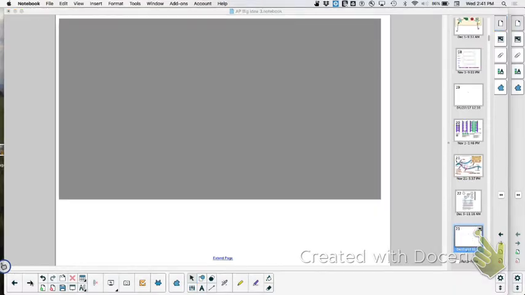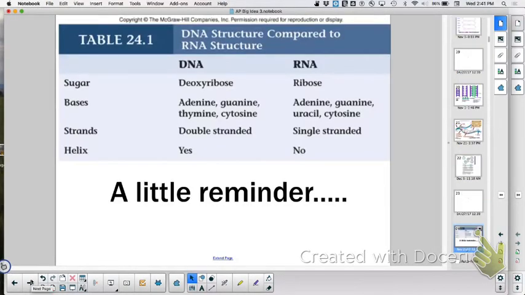Remember, eukaryotic chromosomes are going to be linear, and prokaryotic cells are going to have what? Circular. We know the differences between DNA and RNA. What are all the differences? The sugar. One is single-stranded and one is double-stranded. What else?